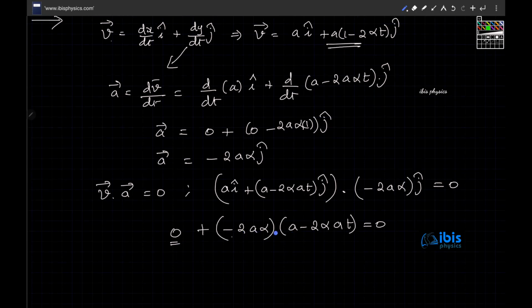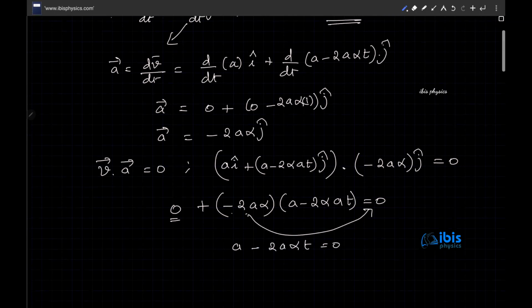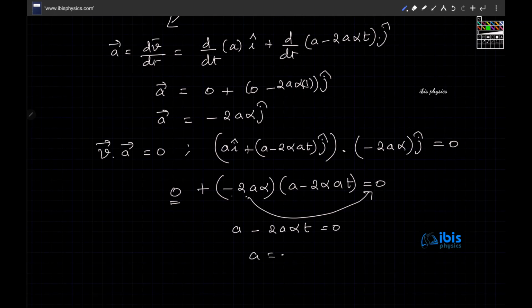So the product of these two is 0. Either this is equal to 0 or this is equal to 0. So a minus 2a alpha t equal to 0, or a equal to 2a alpha t, cancelling a, t equal to 1 by 2 alpha. When time is 1 by 2 alpha, velocity and acceleration vectors are perpendicular to each other.